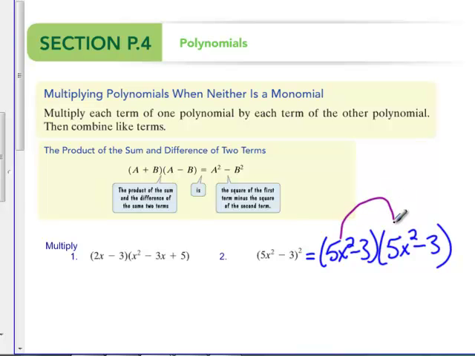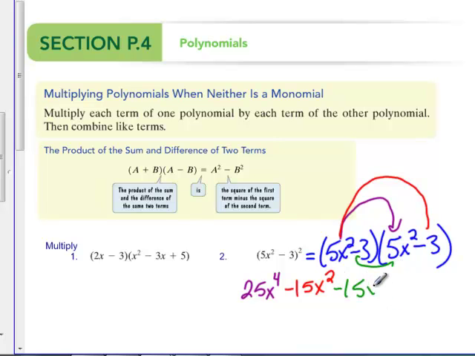So 5x squared times 5x squared gives us what? To the 4th, yep. And then let's do the 5x squared times a negative 3. Negative 15x squared. Okay, now let's switch. The negative 3 times 5x squared.